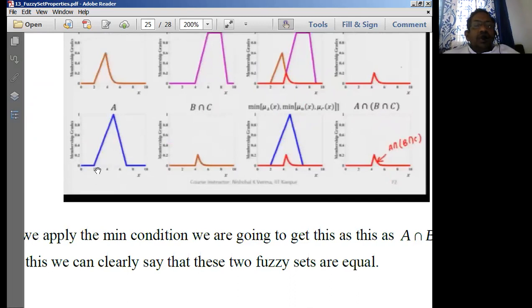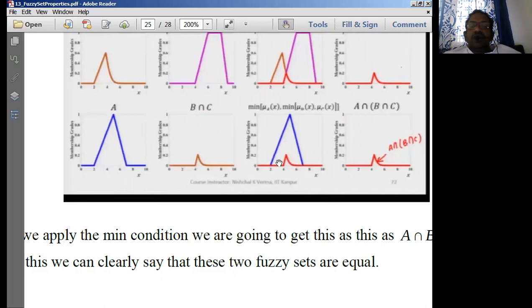So see here, A is starting at 2, maximum value reaching at 5. Then here this is starting at 4 and simply increasing and dropping at around 5.5 and coming down. So whichever is the minimum among these two will be coming, right? So up to 4, this red one is minimum, called B intersection C. After this also, this is all the minimum.